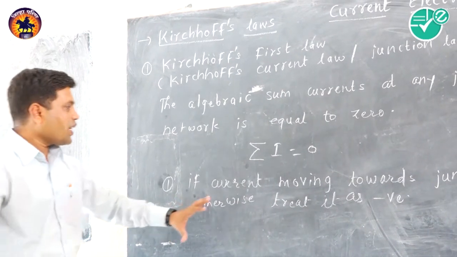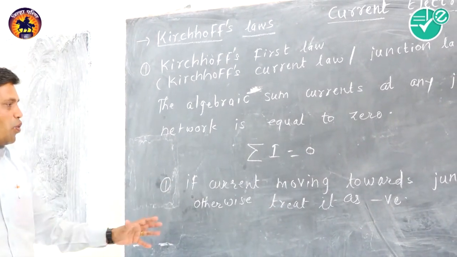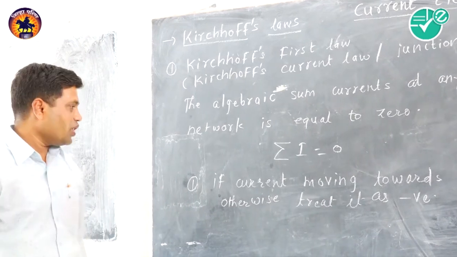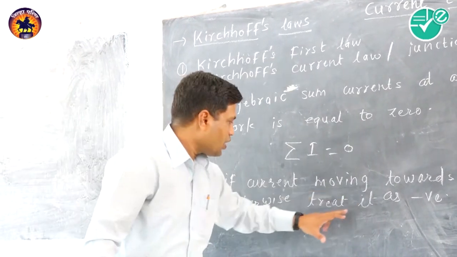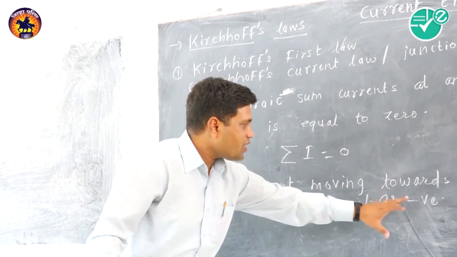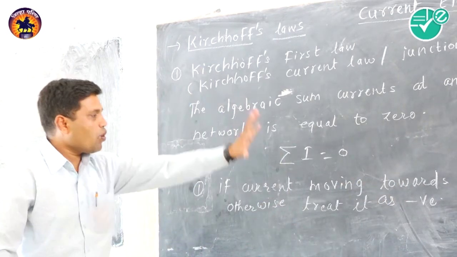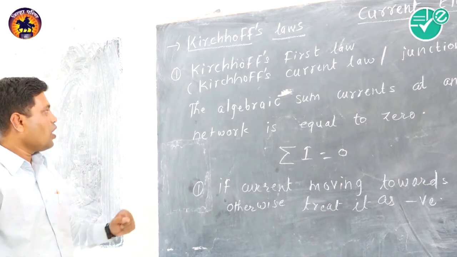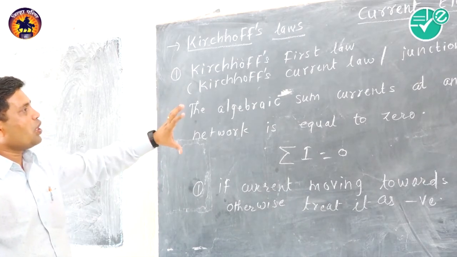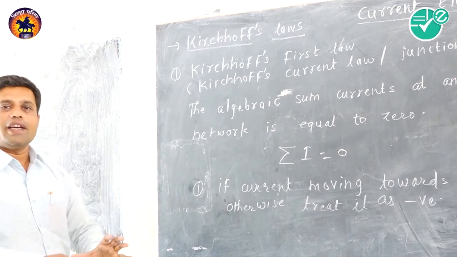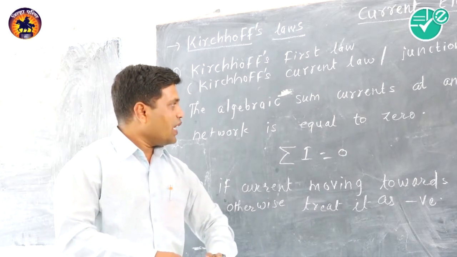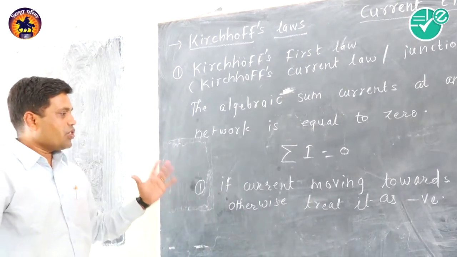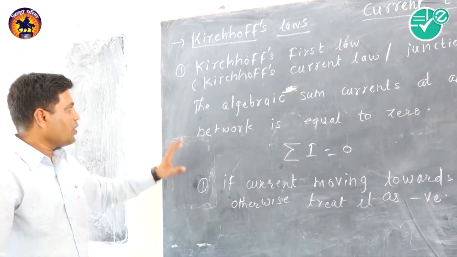If the current is not moving towards the junction, meaning it is moving away from the junction, then in that case treat that current as negative. I will explain this law with one simple example, how you can apply Kirchhoff's current law or junction law to any electrical network.